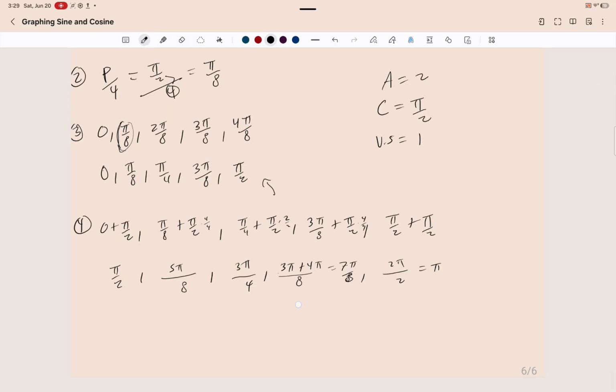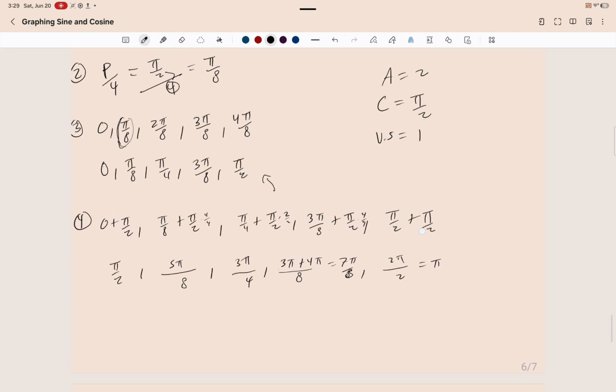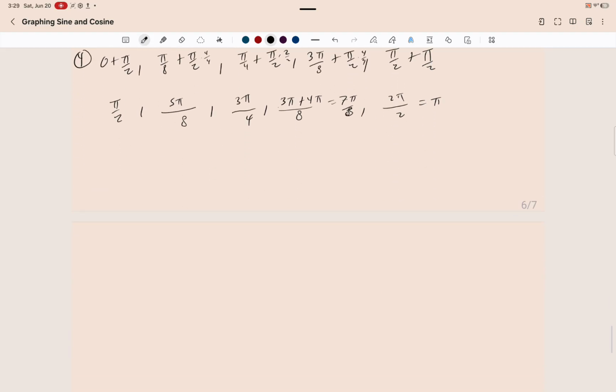So that's what we have so far. Good. So these are the points which I'm going to draw now on my x-axis. Let's make it a bit neater.